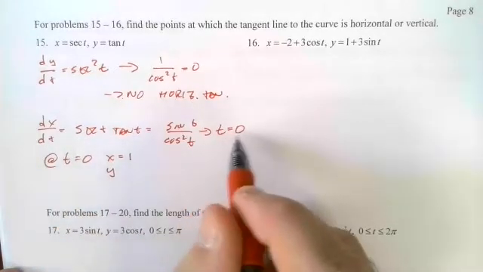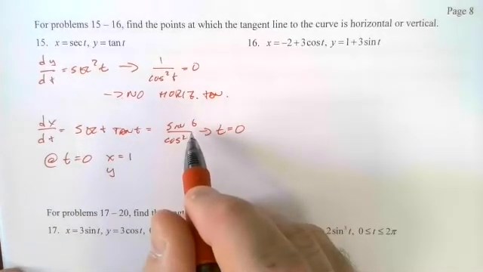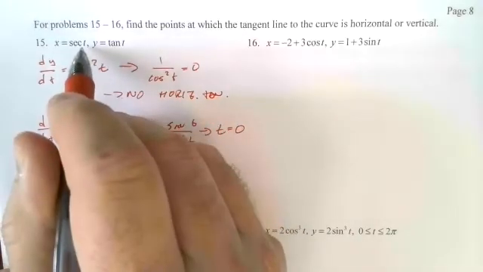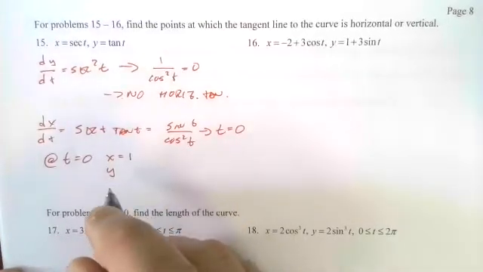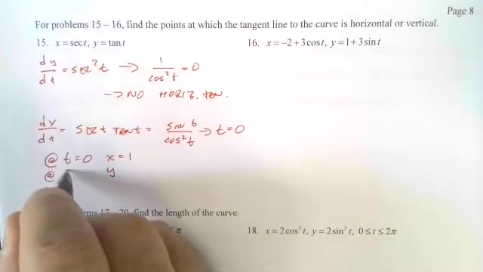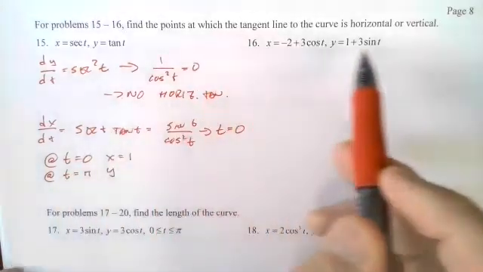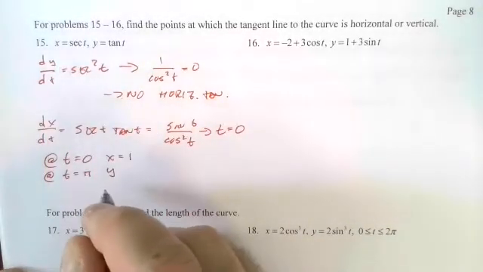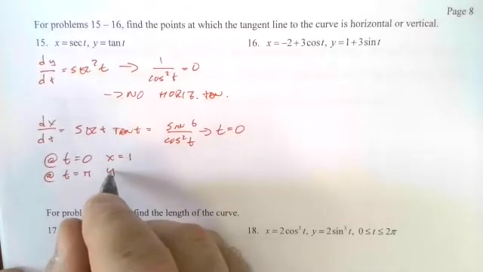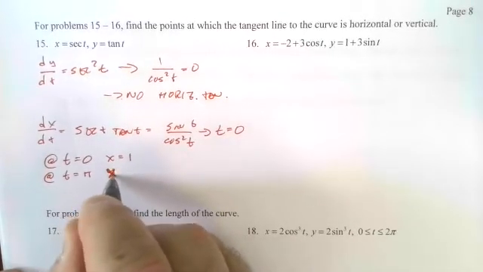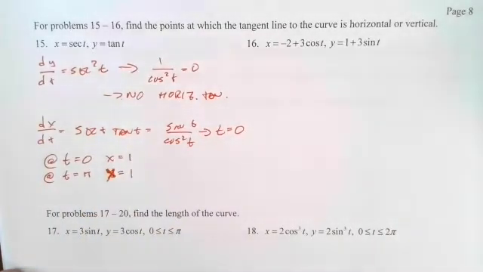I've got to slow down. At t equals pi, I have to look at our interval. Oh, they don't give us one. At t equals pi, x also equals 1.